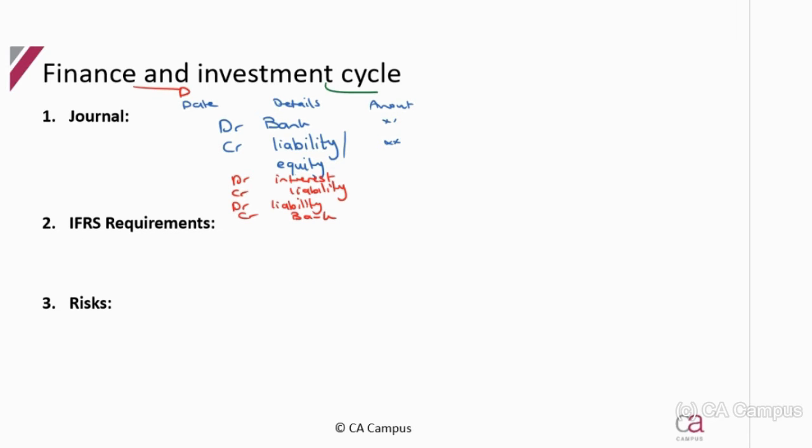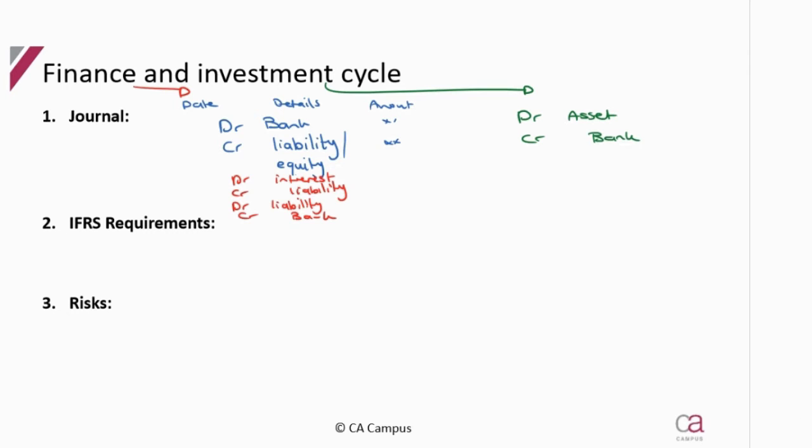And for your investment side of things, you would expect to have a debit of the investment, so the asset, and your credit of either a liability or bank. So your IFRS requirements are going to differ depending on what financing option you've selected or what investment you've selected. So you're going to have to make sure you're looking at those specific IFRS requirements.